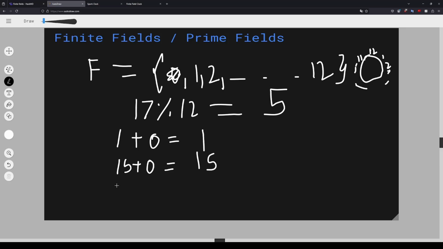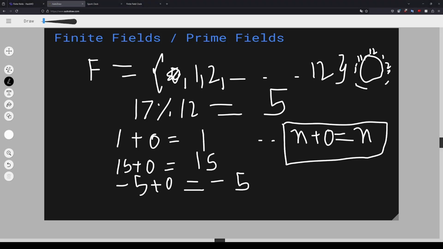And minus 5 plus 0 is also minus 5. Whatever we add with 0, we get the same result. So in the end we can say n plus 0 equals n. This is very important for us.